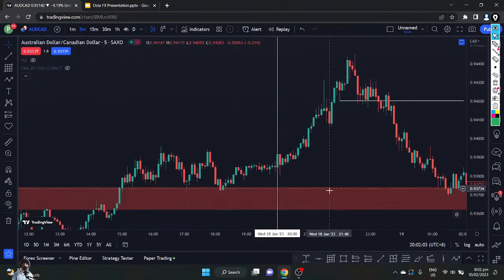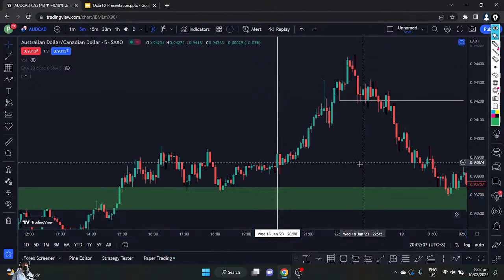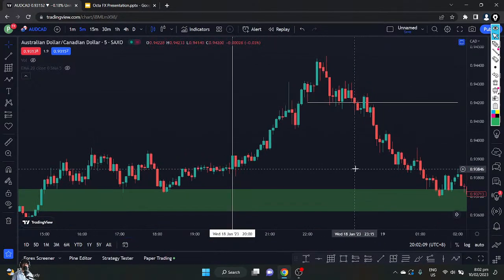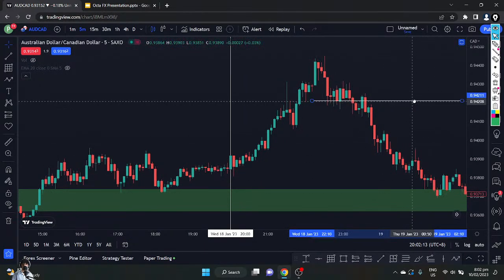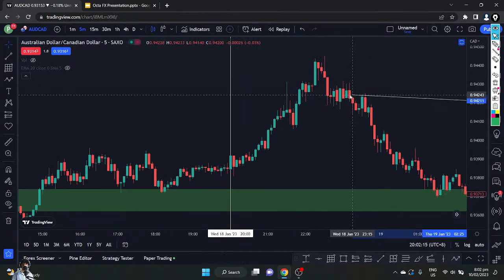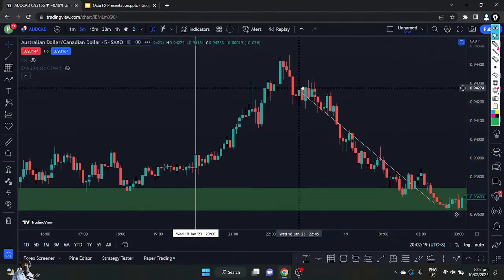Then as we can see, this previous resistance could act as a support. Then once again, based on what we learned, once the price reaches the support, we may start looking to buy with our trend line breakout strategy.